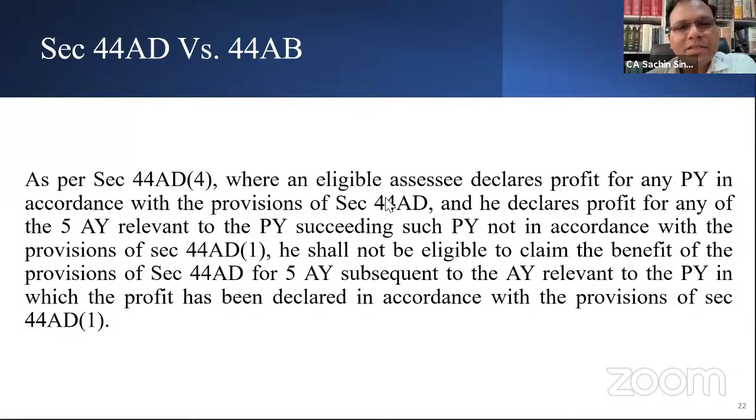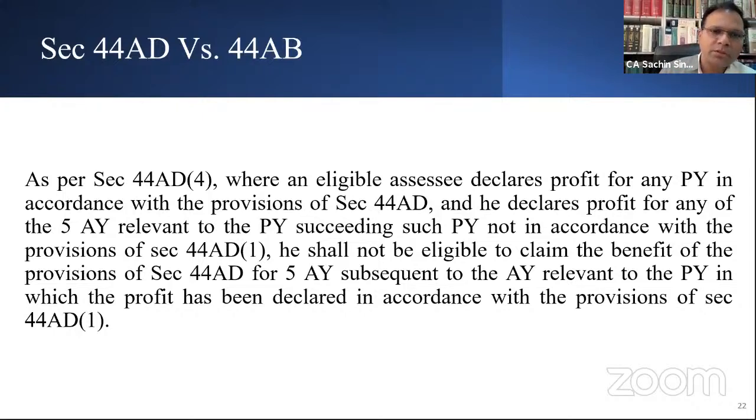The section is very simple and it says, if in the previous year you are not disclosing the profit as per 44AD clause 1, then for 5 assessment years succeeding to such previous year, not in accordance with the provision of 44AD, he shall not be eligible to claim the benefit of the provision of section 44AD for 5 subsequent years. So you are out of the provision of section 44AD for 5 subsequent years.